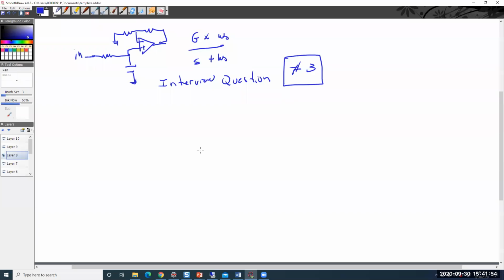Now, there's other filter designs, right? And you've seen already where I can have this, and then I can even have it going into a high pass.